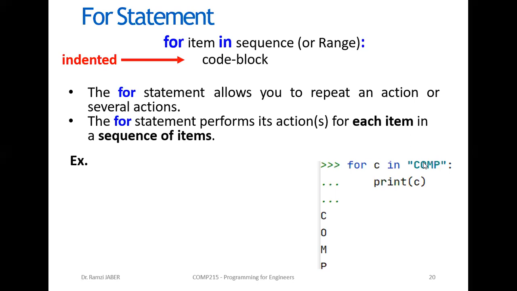The next index is still in the same sequence, so the pointer moves +1 to O. Now c equals O, and O exists in the sequence, so it's true, and we print O. Again, +1, M, also inside the sequence. So c equals M, print again, and so on, P.